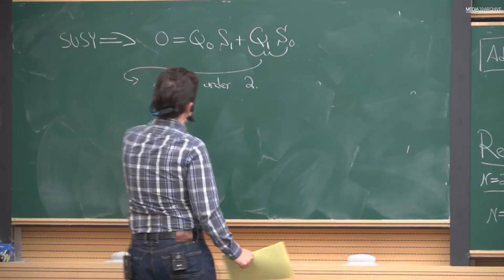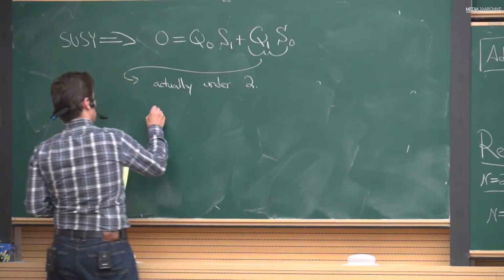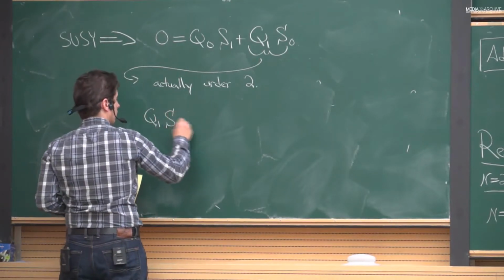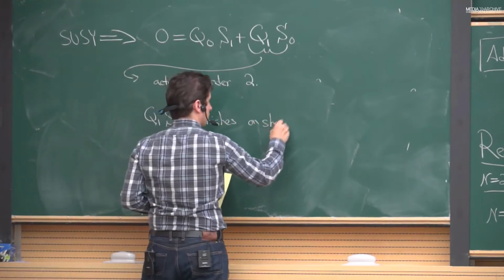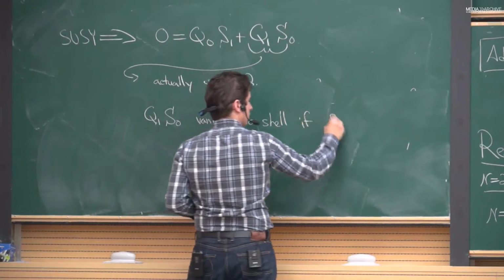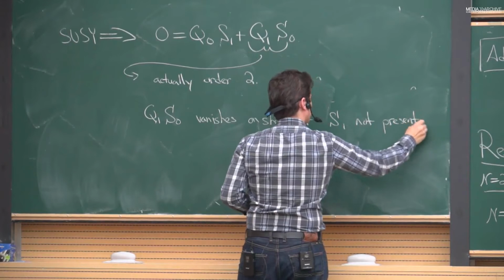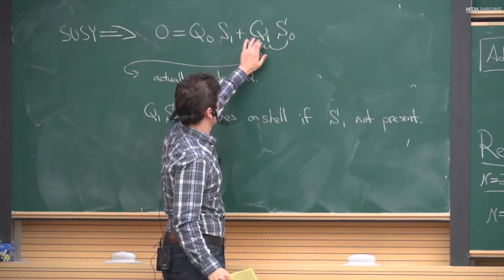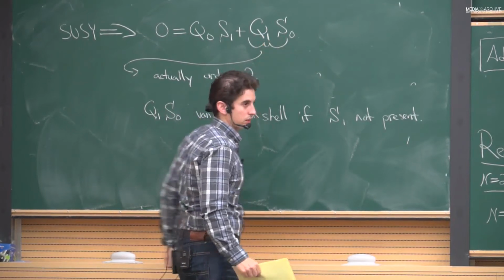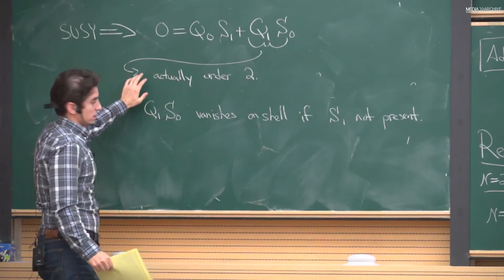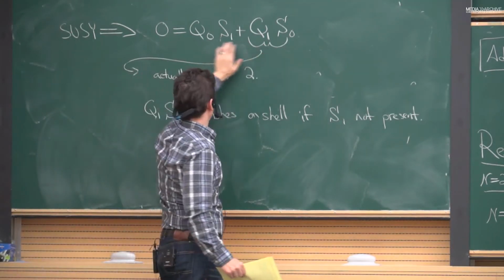And so if I didn't have S1, this thing would vanish on shell. Therefore, in addition to the order lambda term that's in Q1, you get an order lambda term because of the equations of motion appearing here. So to leading order in the deformation parameter, we don't need to consider this. The leading order piece is just this.